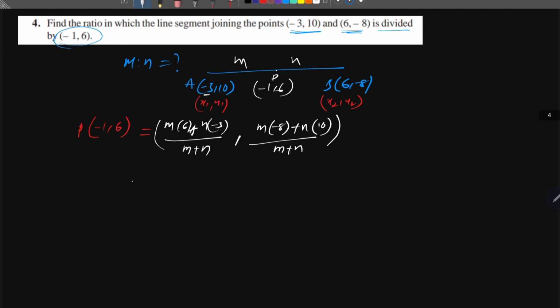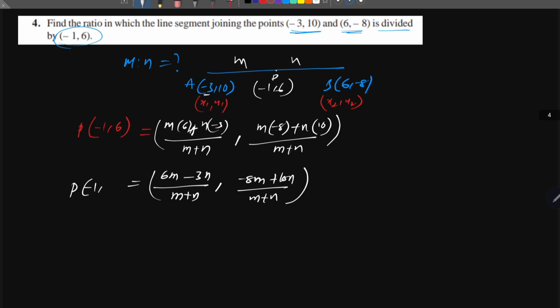Simplified, this is 6m minus 3n divided by m plus n, comma, minus 8m plus 10n divided by m plus n, which is equal to minus 1 comma 6.